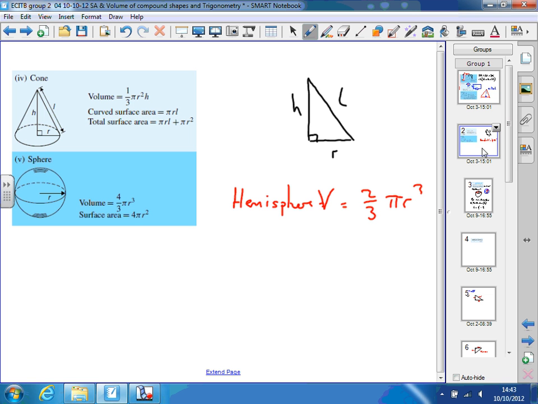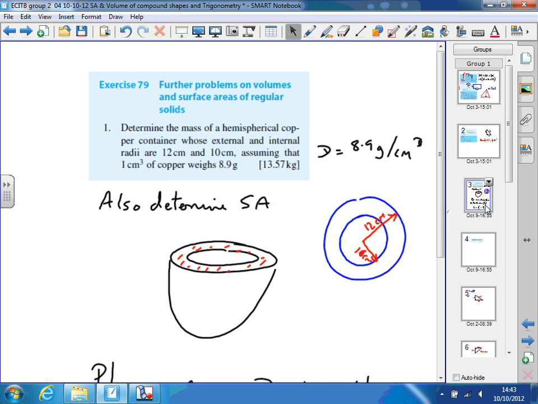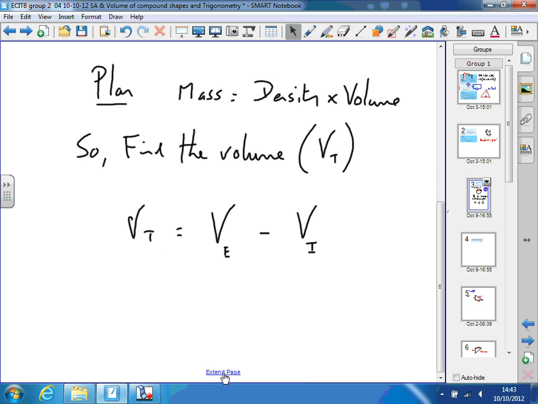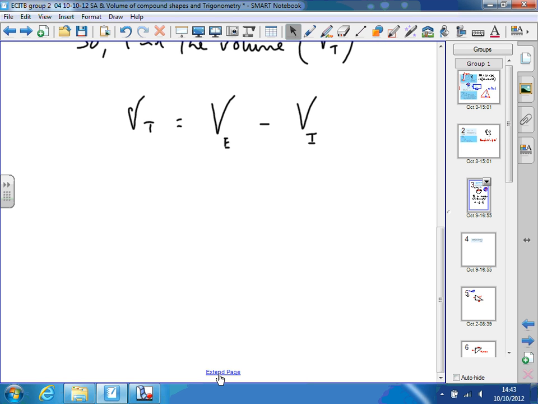So the formula for the volume of a hemisphere is 2/3 pi r cubed. So going back to our problem, the volume of a hemisphere, let's use an abbreviation HS for hemisphere, is 2/3 pi r cubed.